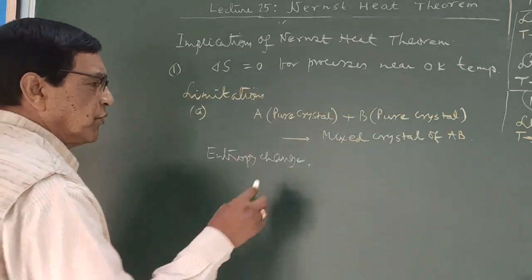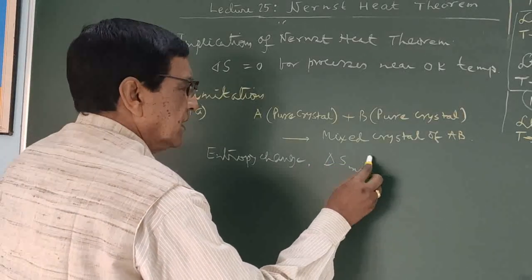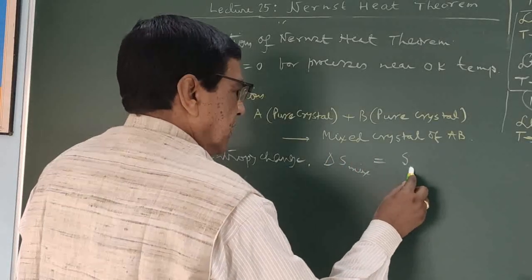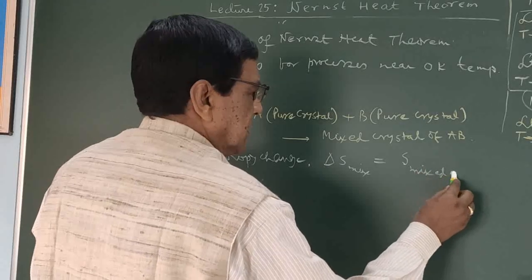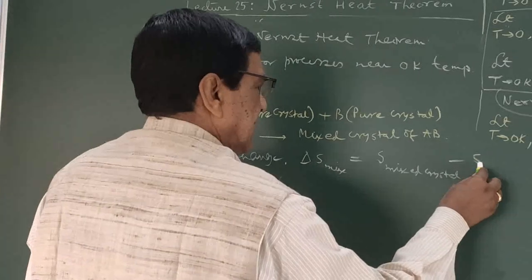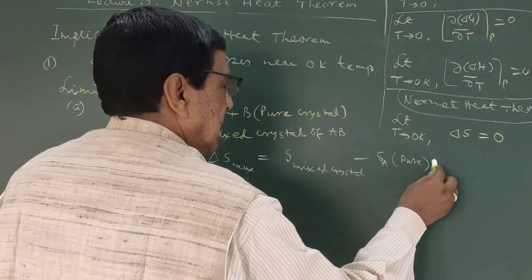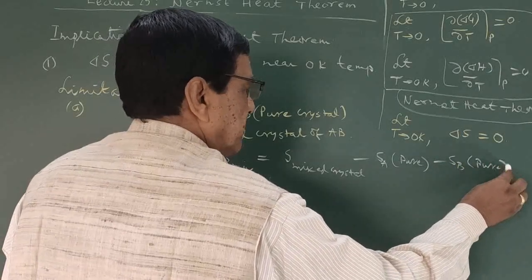for this mixing process, delta S mixing equals S of the mixed crystal minus S A pure and minus S B pure.